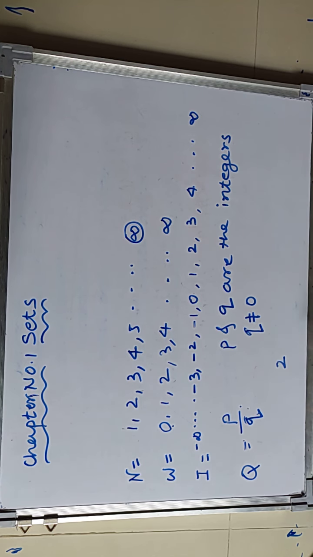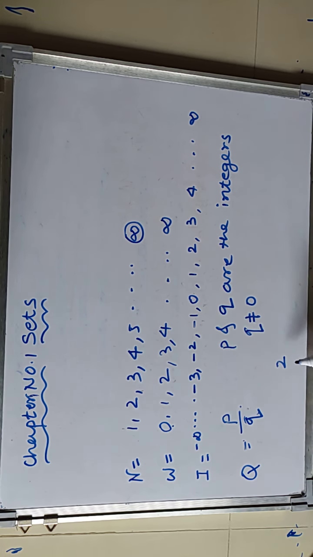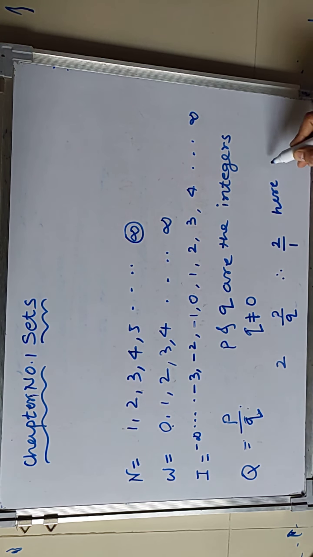Then this integer is a rational number. According to the condition, every rational number can be written in p upon q form. Therefore 2 can be written as 2 upon 1. Here p is equal to 2 and q is equal to 1.